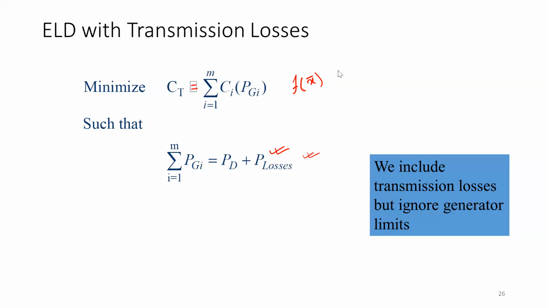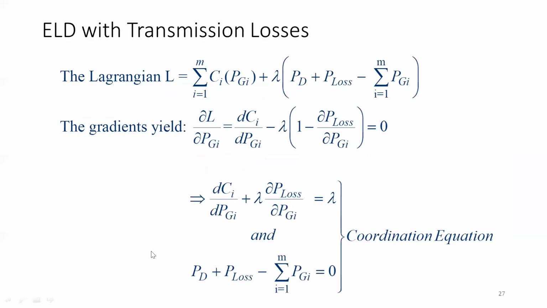Okay, fine. I think so far we don't have any confusion. So let us see how we form it. Again, first of all, we form the Lagrangian. We know that the Lagrangian will be a function L of PGI and lambda.